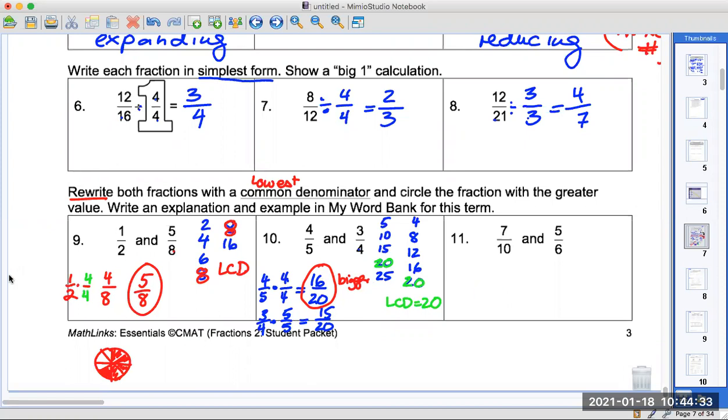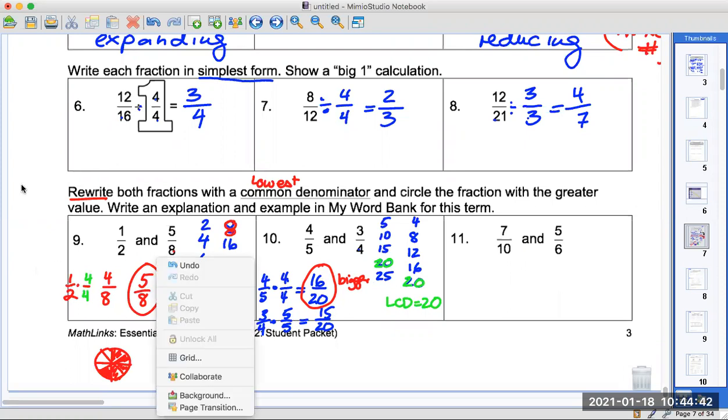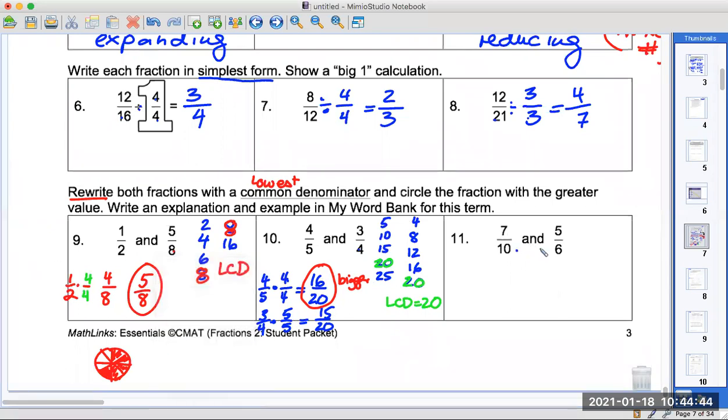All right, number 11. Find the common denominator. And like I said, you can multiply 10 times 6. That's a common denominator. That's an easy way out. 60 would be a common denominator, but it's not the lowest. So I'd like you to start looking for the lowest.